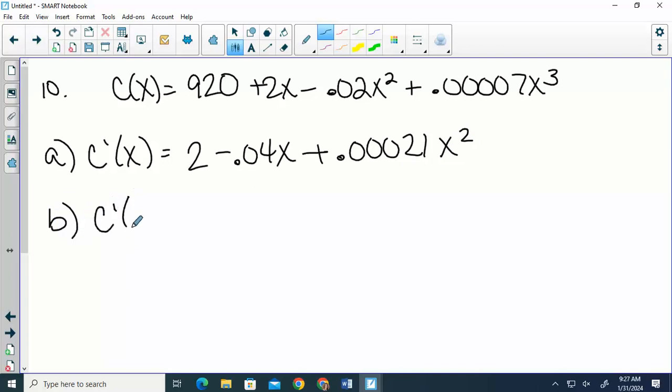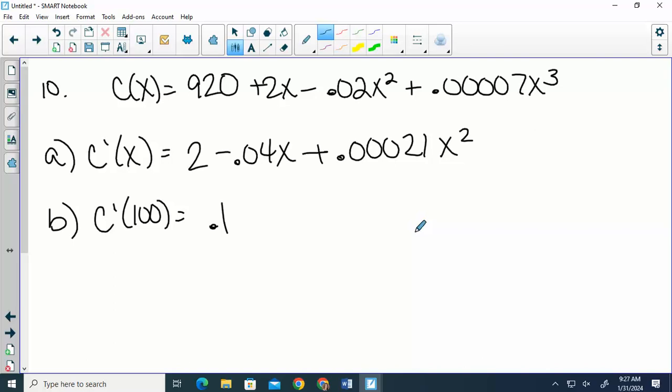C prime of 100. We're just plugging in 100 into this. Okay, and I'm not going to take the time to do that. What do you get when you plug in 100? 0.1. Yes.